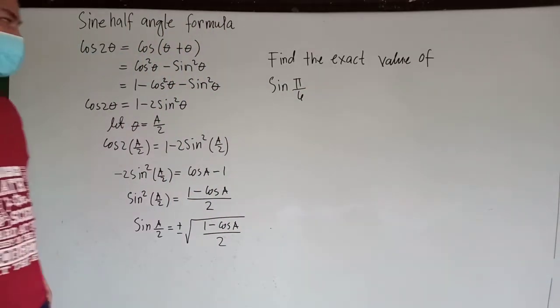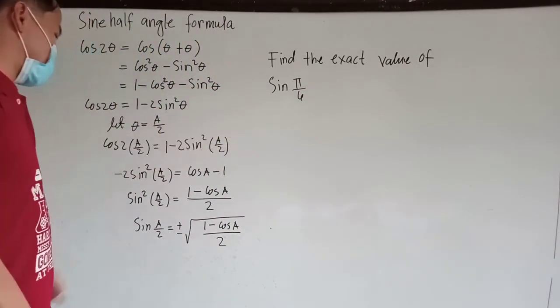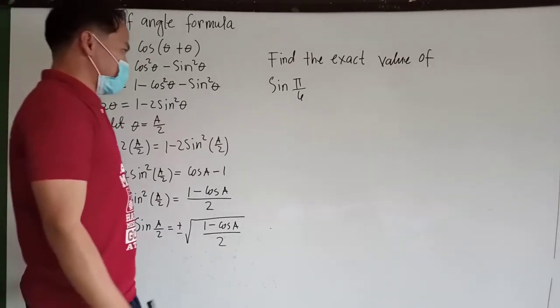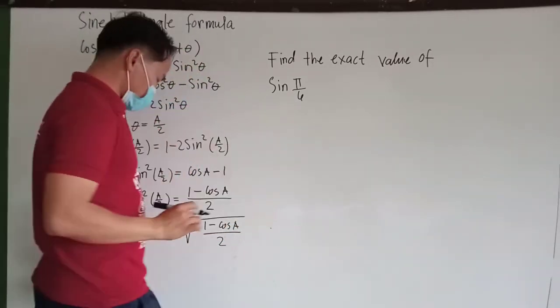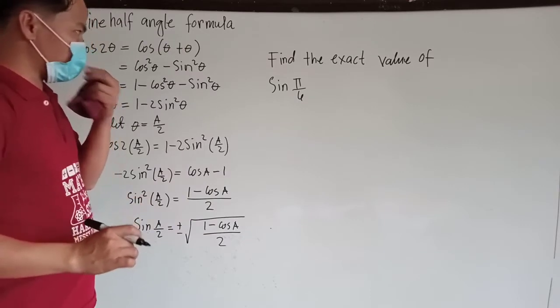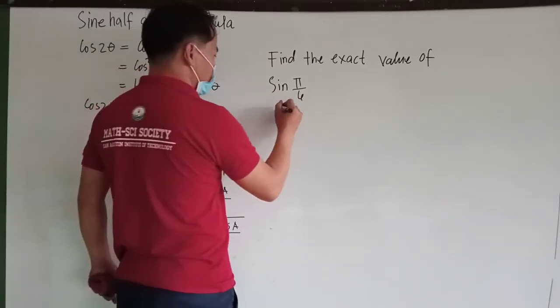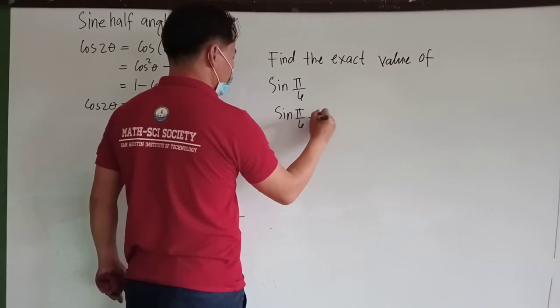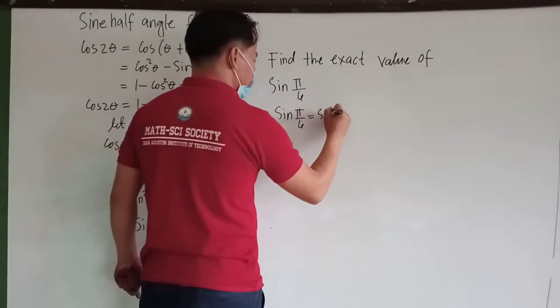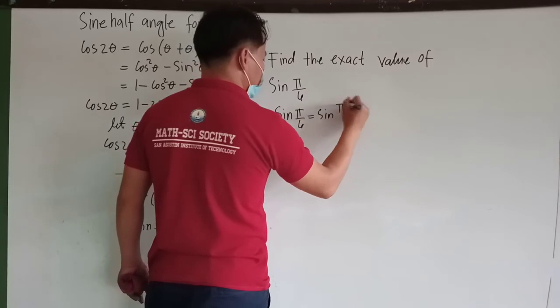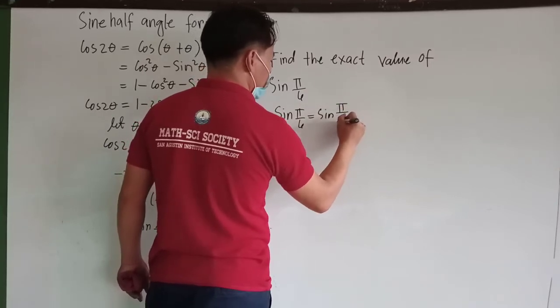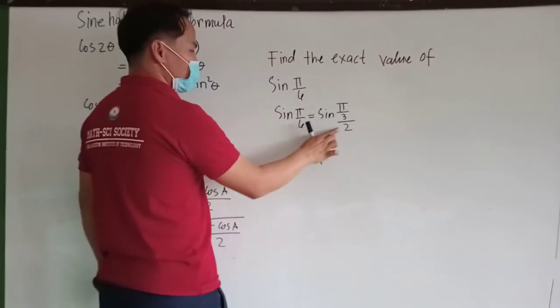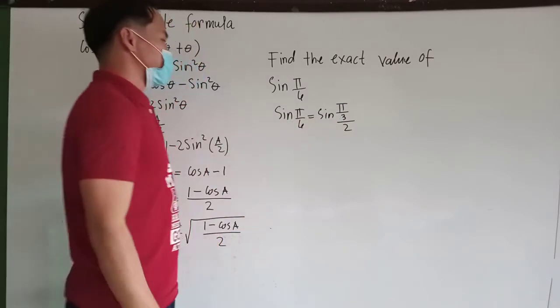Before we can apply the half angle formula, we can simplify this into a half angle: sine pi over 6 is equivalent to sine of pi over 3 over 2, because 2 times 3 is still 6.